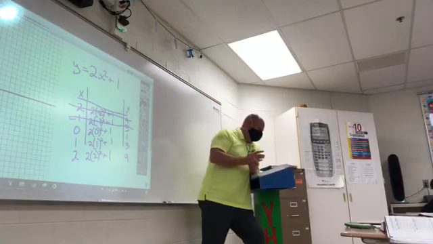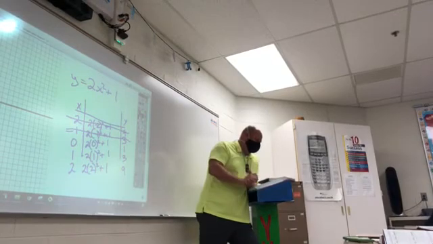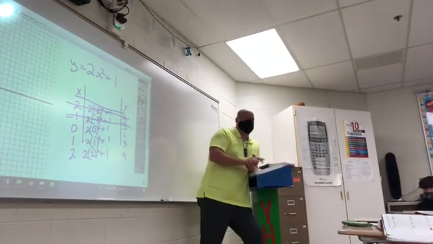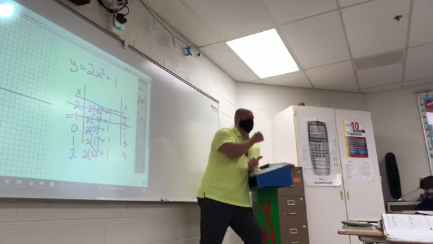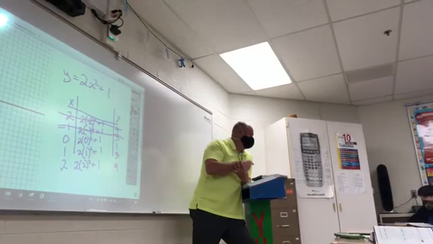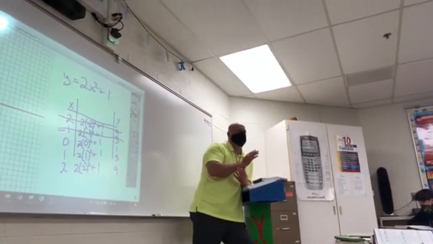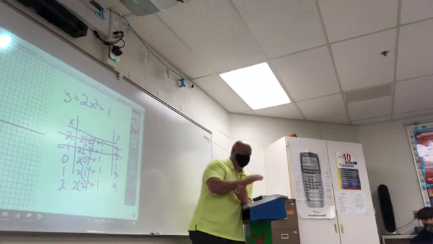Okay. Number 6, naming the quadrant. Where's point A? Quadrant 2. Number 7, where's B? What quadrant is that in? Why? It's on the border. If it's on an axis, what quadrant will it be in? None. It won't be in a quadrant. Easy?